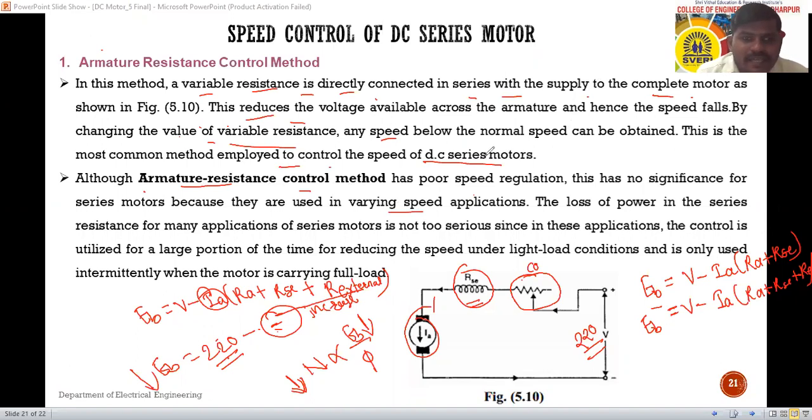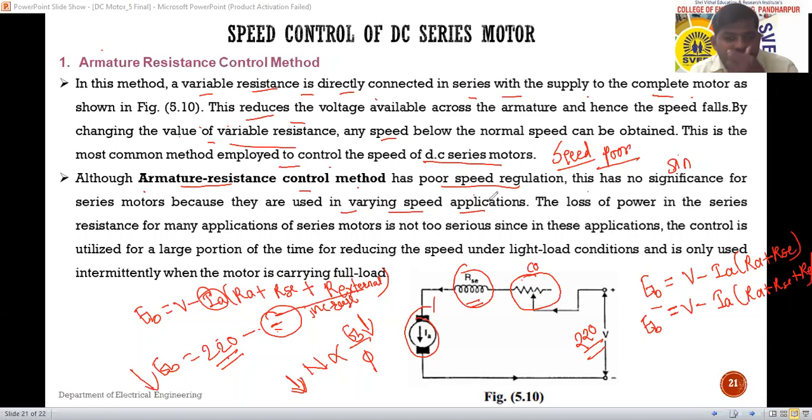So this armature resistance control method has a poor speed regulation, but it has no significance for a series motor, because these are used in varying speed applications.